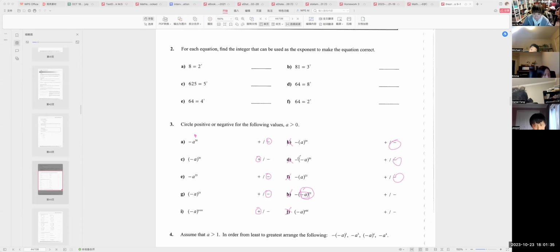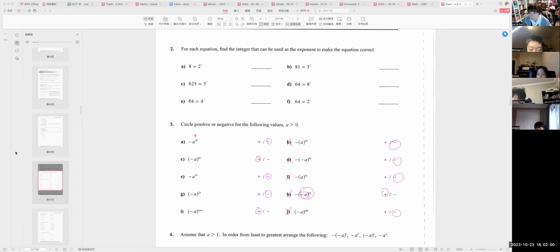Negative. Okay, so a negative times a negative is positive or negative? Positive. Very good. Okay, so number J, Michael. Negative. Negative. So it's a negative number with an odd power, so it's negative. Very good.